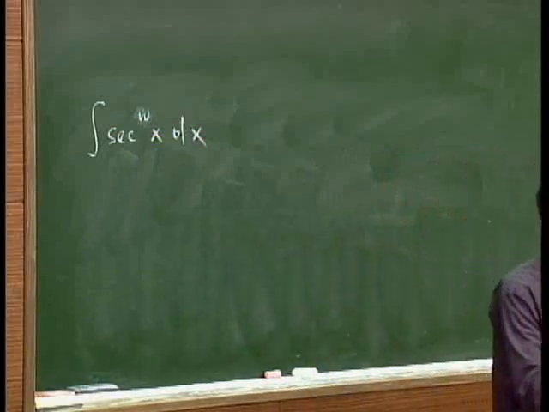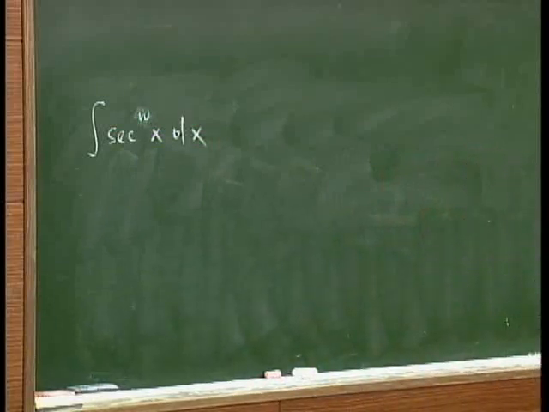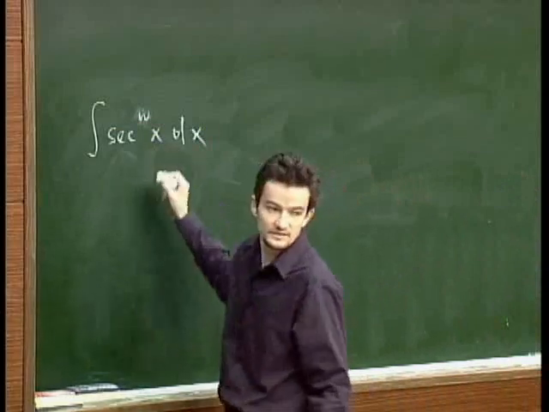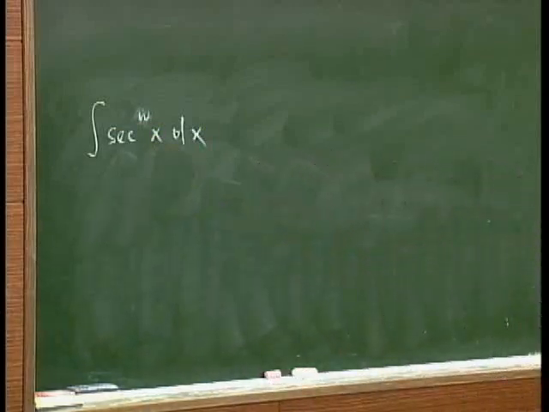If you look in our textbook at the last page, not the very last one, the page before the last one, you see many integrals worked out, and you see that this integral is there expressed as an integral of secant to the n minus 2 of x. It's formula 77. You are invited to prove it.